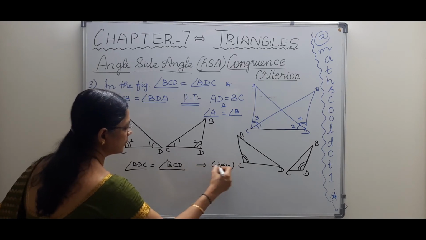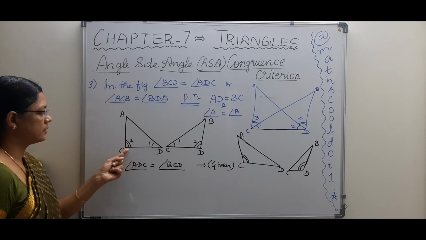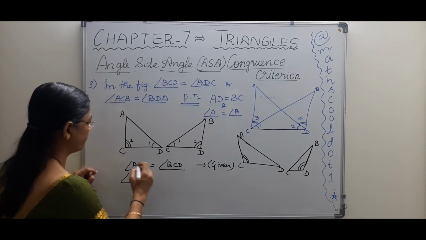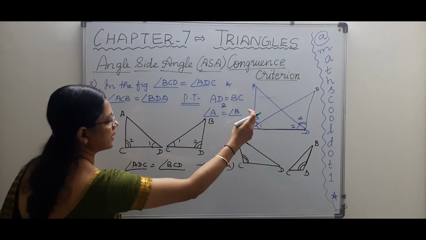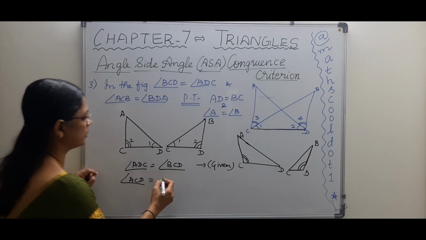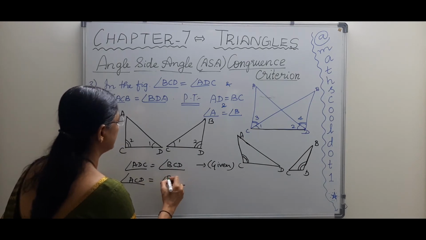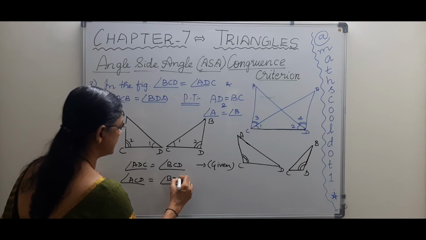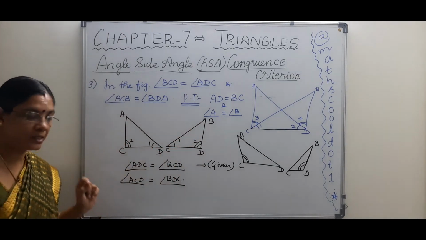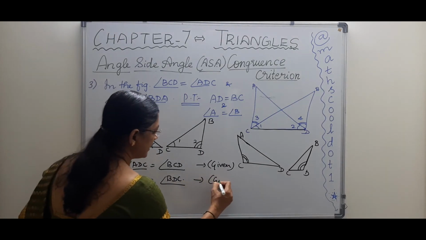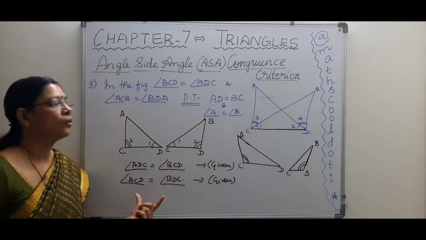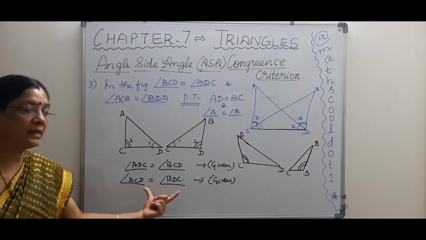This is a given criterion. And angle ACD is equal to angle BDC. That is also from the given data: we have added 1 and 3, 2 and 4, and we have got these angles to be equal.